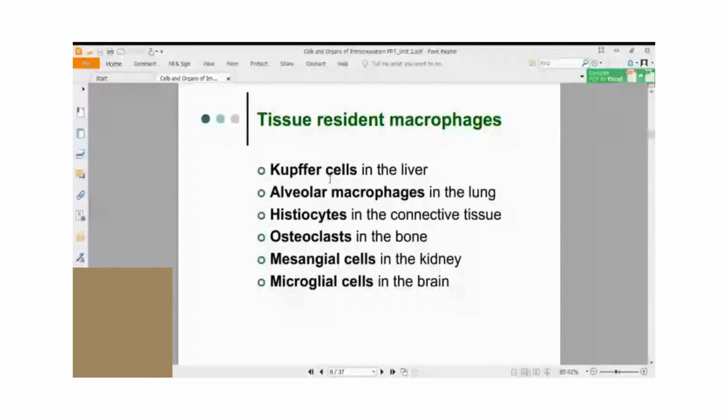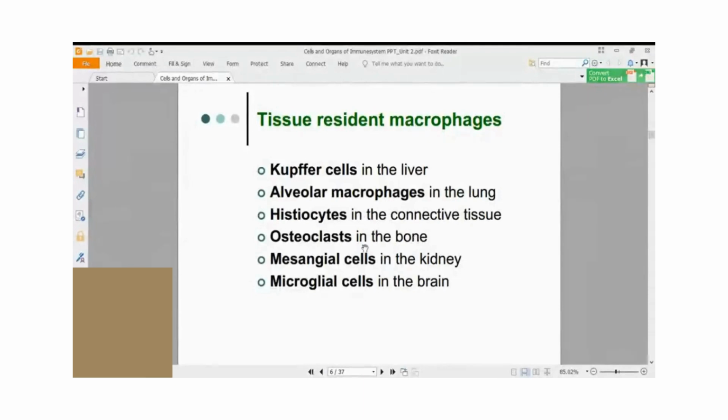Kupffer cells. And those which are there in the alveolar region of the lung are called alveolar macrophages. Those which are there in your connective tissue, cartilage, connective tissue, are called histiocytes.